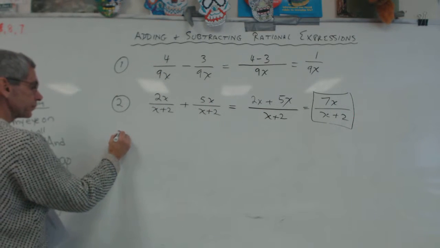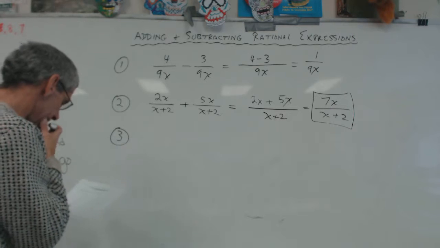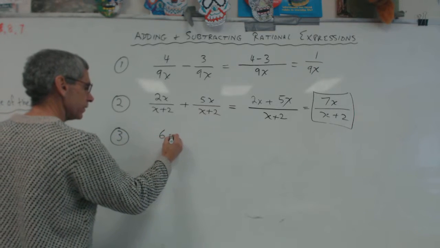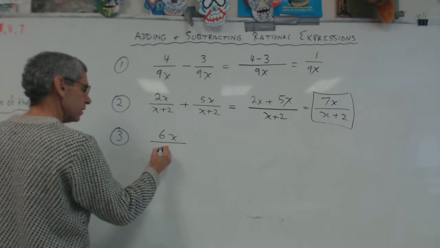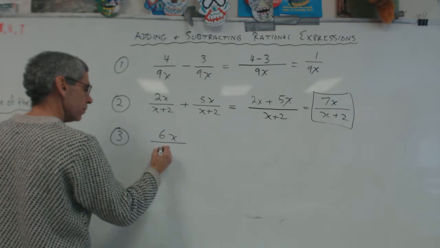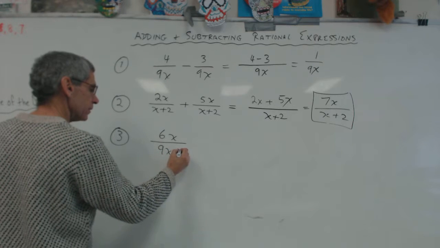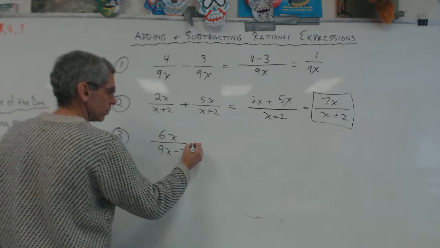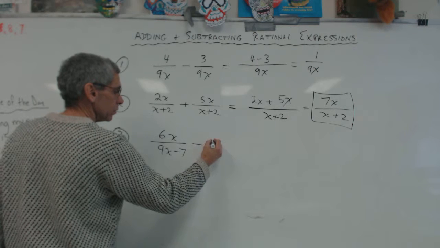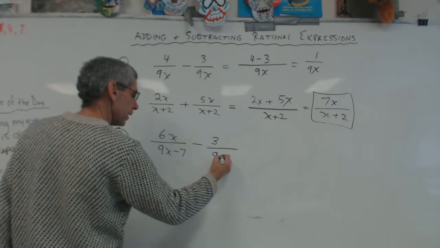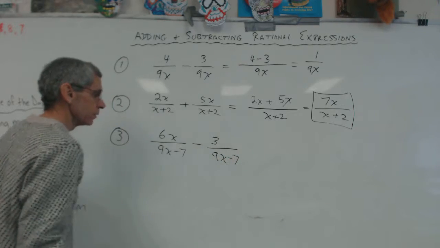So let's do another one. Okay, let me see. What if I gave you 6x over 9x minus 7 minus 3 over 9x minus 7.